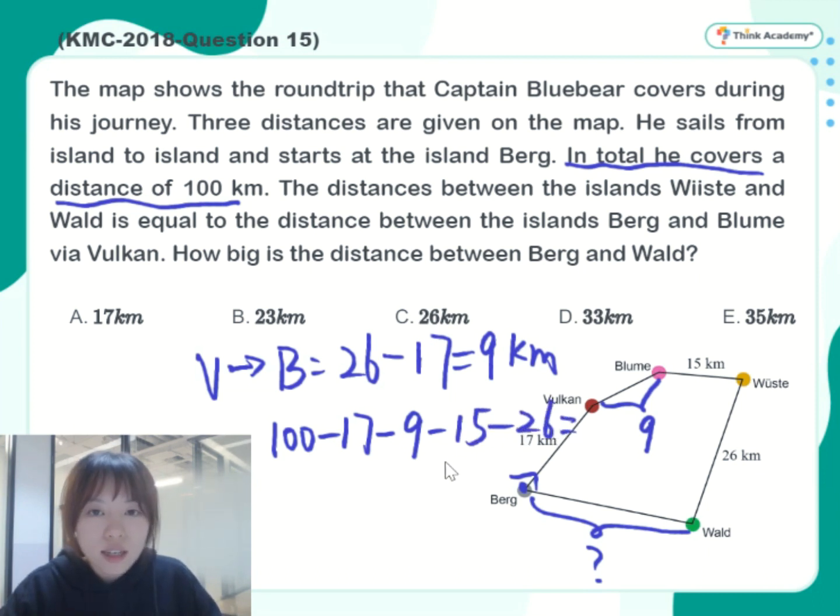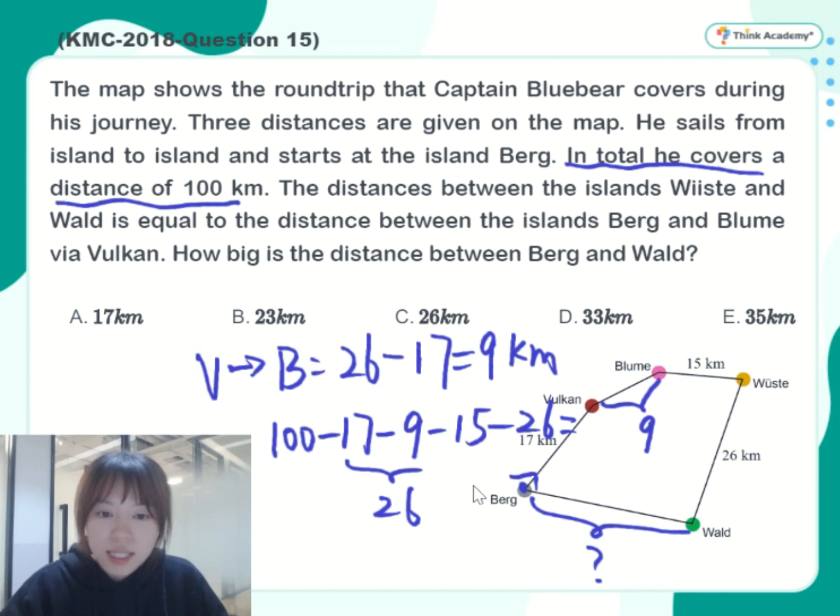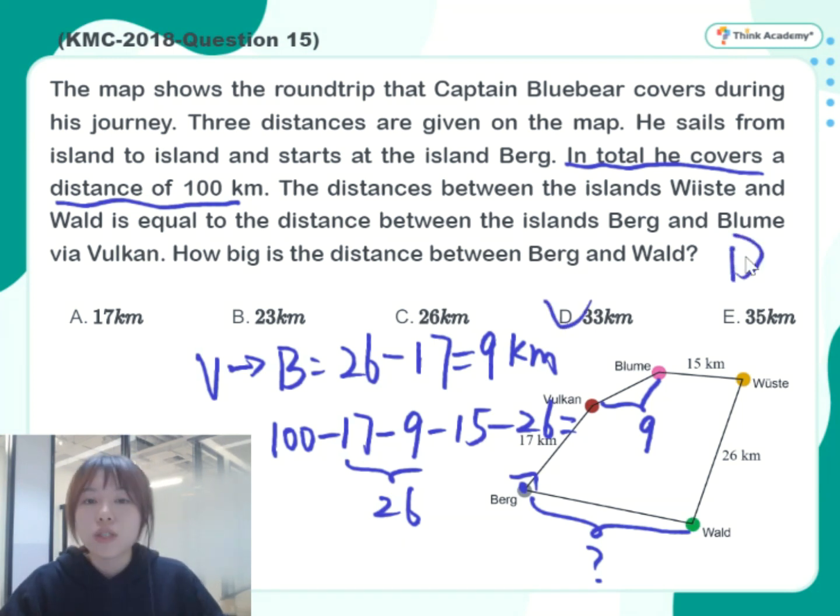Which one is the answer? Give you 30 seconds to calculate. So here 26 again, and 26, that means 52. 52 plus 15 is 67. 100 minus 67 is 33. So it's going to be option D. The answer, option D. So we have to know what's the meaning of the 100.